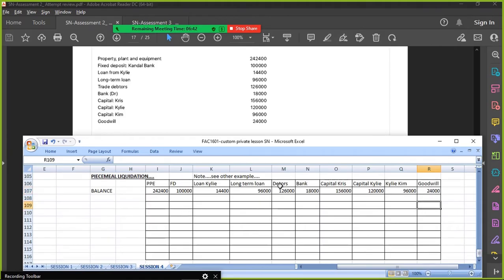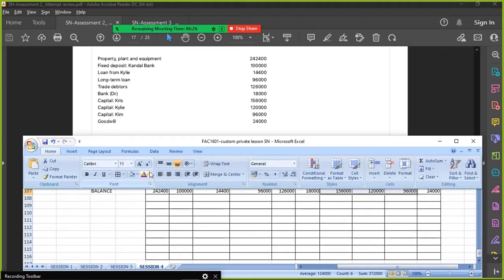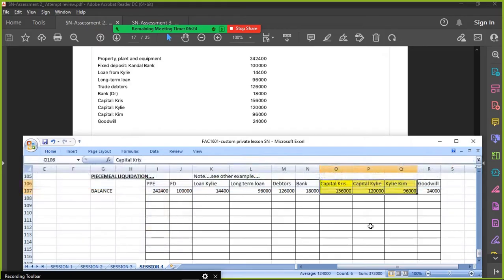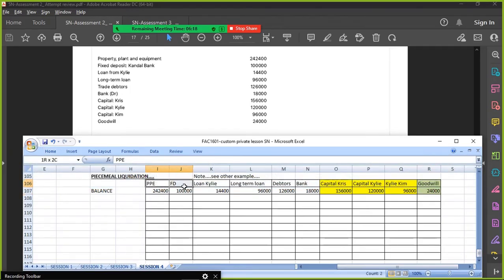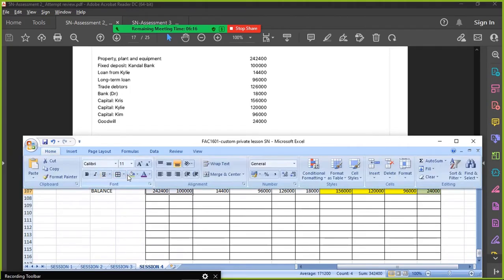Okay, so again, just in terms of theory, just some revision. All your assets minus your liabilities need to equal equity. So when I look at this, obviously equity is that. I'm just doing this purely for understanding. Goodwill is obviously an asset. Property, plant, equipment, those are all assets.